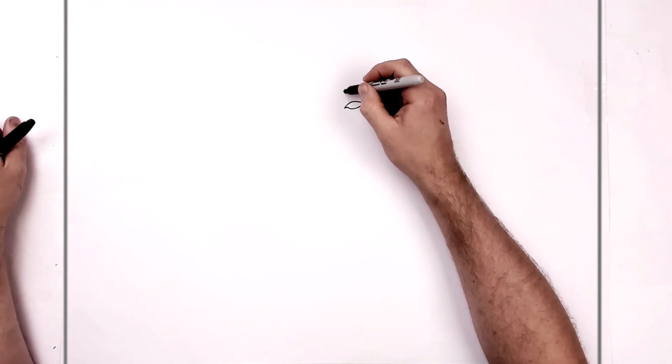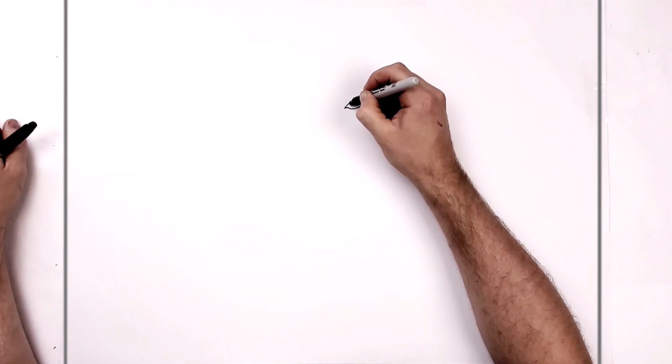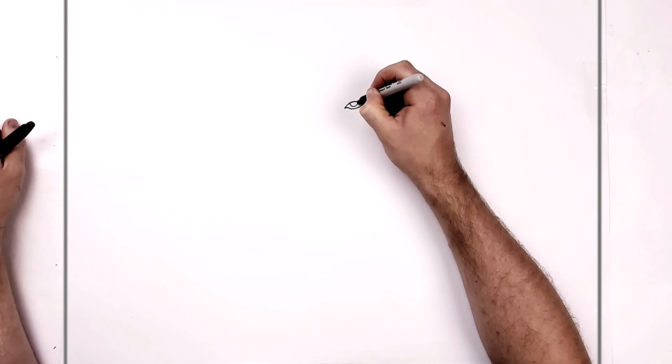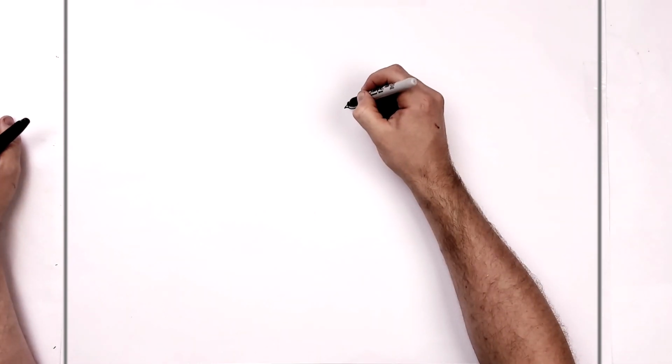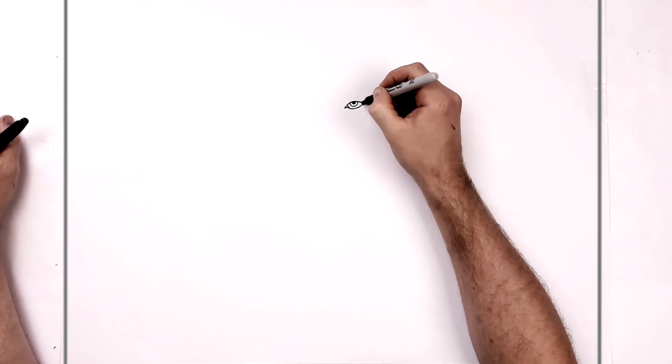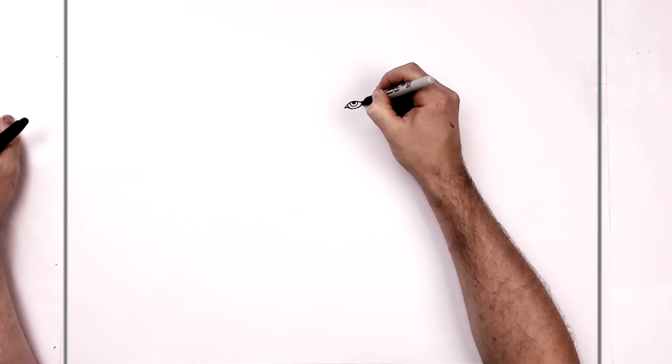And then his iris and his pupil inside here. So iris, half circle, curves around in there, pupil, like so. So in here we have the tear duct as well, so it's like darker inside here, or sort of a pink color, and sort of darker in under here as well.